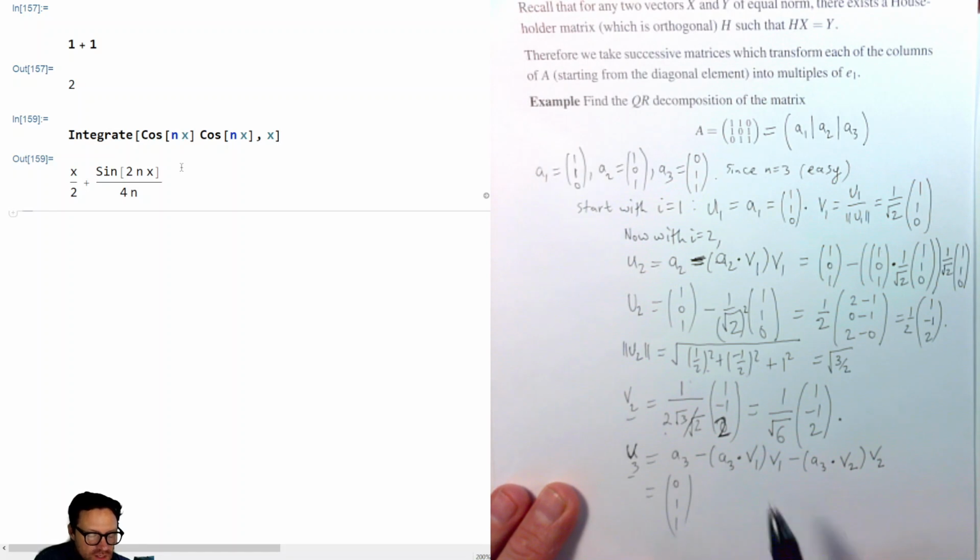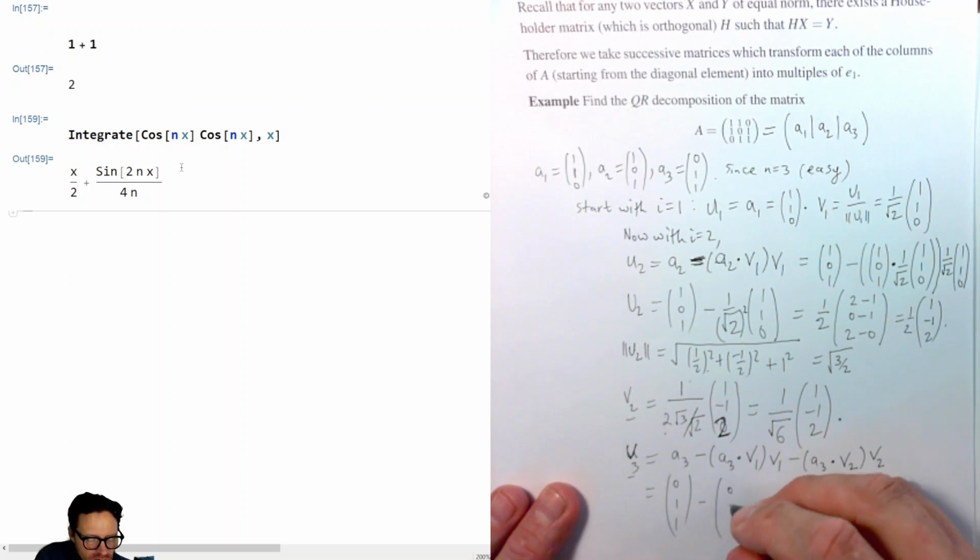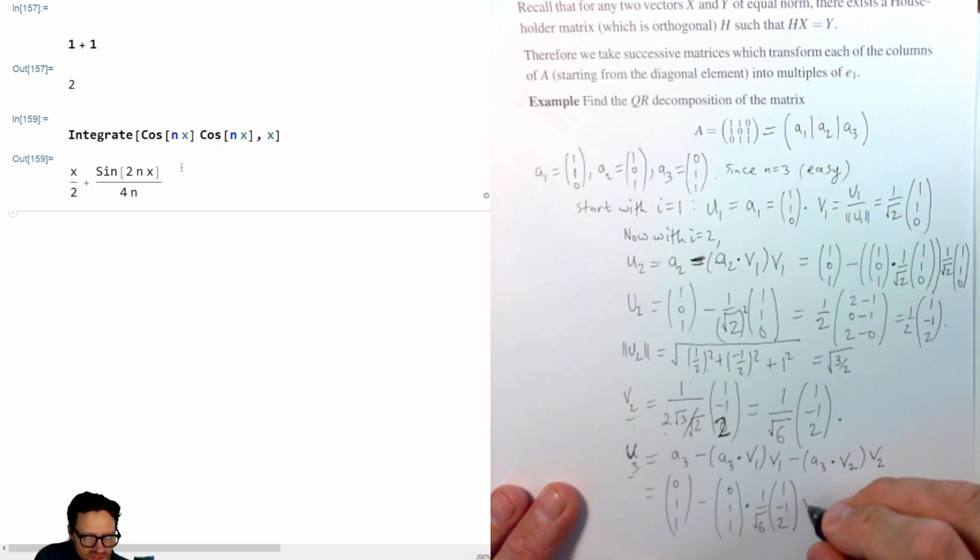A3 dot V1, let's have a look. Well, we should probably just put this in, right? So 0, 1, 1 dot 1/6 1 minus 1, 2 times, for now I'll just write V1. And then A3 dot V2, 0, 1, 1.